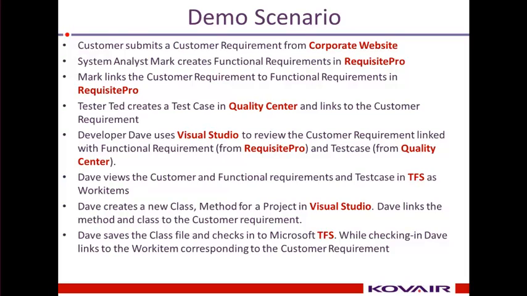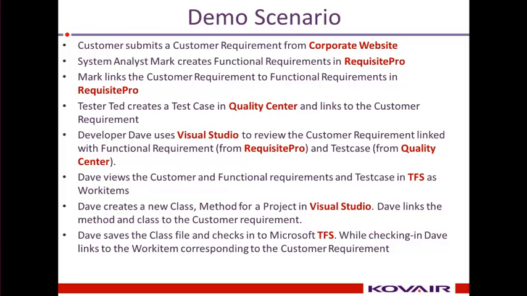Then we'll see Dev as a developer, start with Visual Studio, and within Visual Studio you'll be able to see all the different items we have so far created: the customer requirements submitted from the corporate website, functional requirements from Requisite Pro, test cases from Quality Center. Sitting in Visual Studio using the Cohere plugin, he will be able to see all of those things.